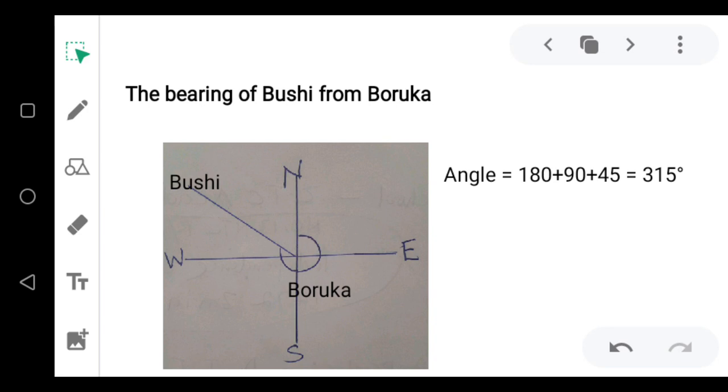Then in between west and north, we have another 45 degrees. So add it up, 180 plus 90 plus 45 will give you 315 degrees. So that is the answer. The bearing of Bushi from Boruka is 315 degrees. It's as simple as that.